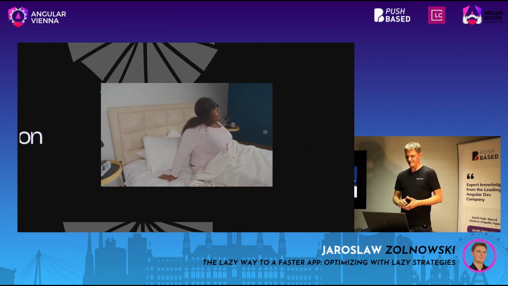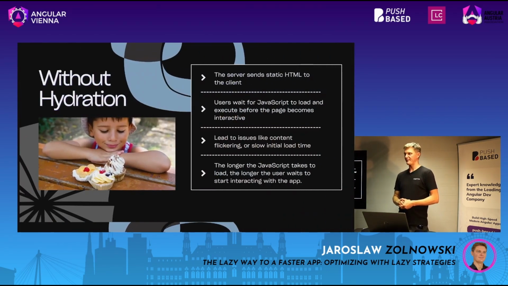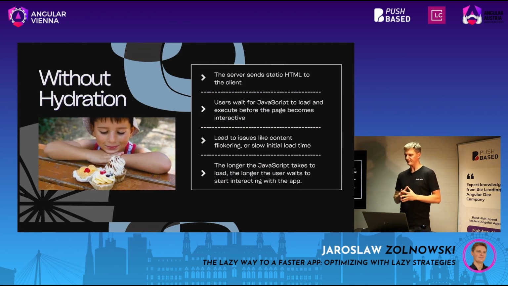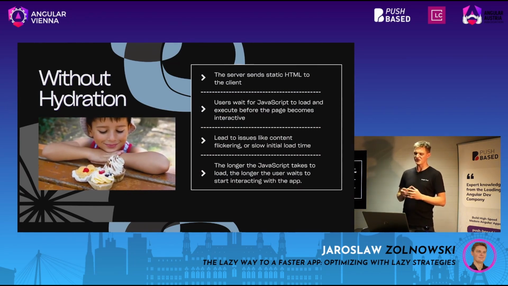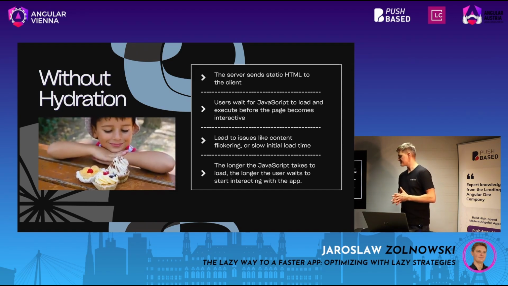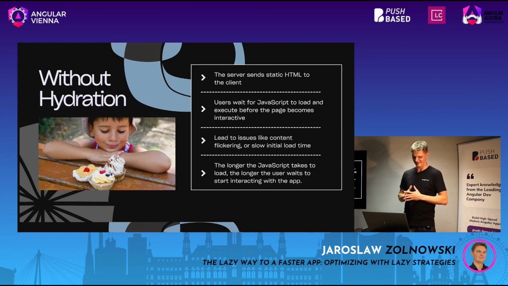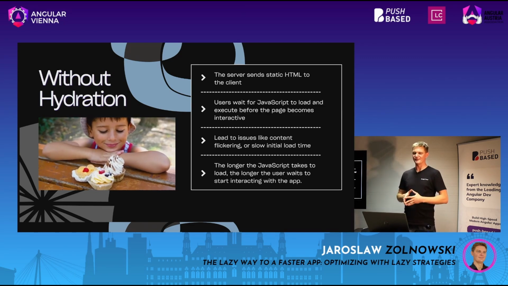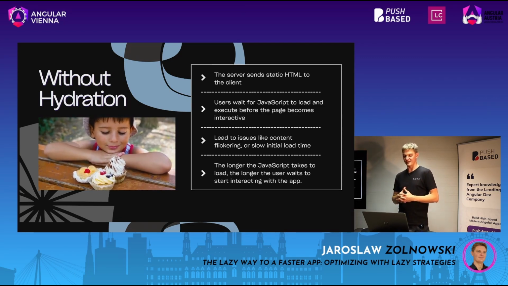So let's try to understand how things work without hydration first. Without hydration, our server-side rendered app is like this gorgeous, delicious, tasty cake you can't eat yet. You have to wait and wait before you take a bite and enjoy it fully, right?